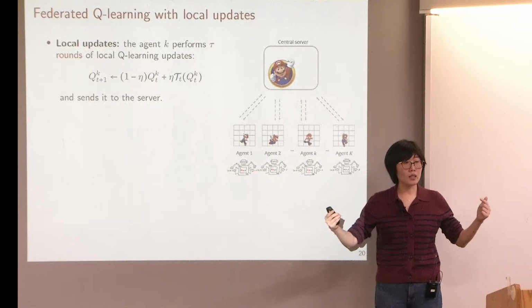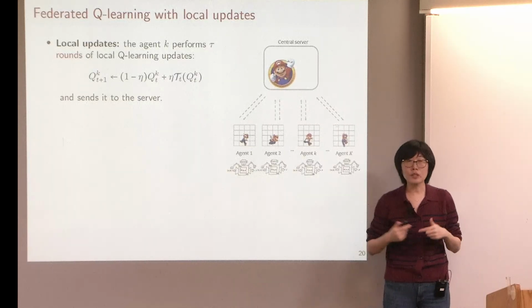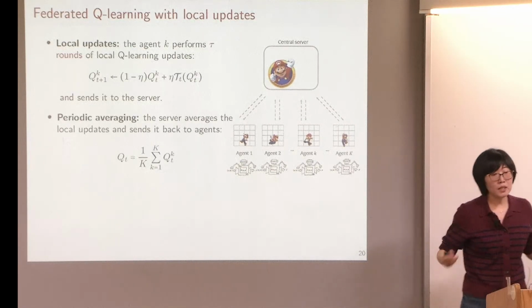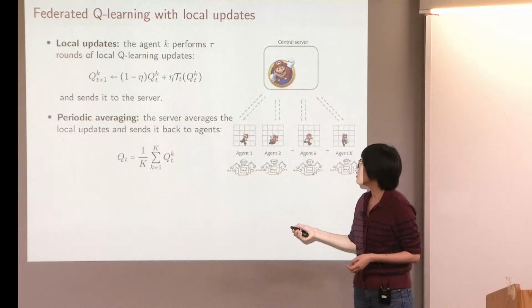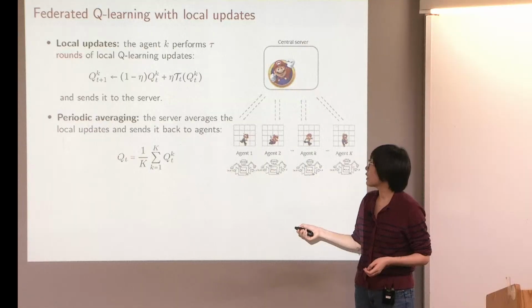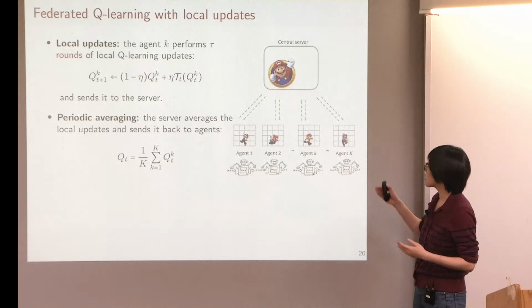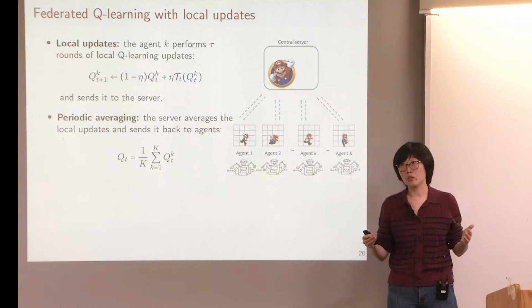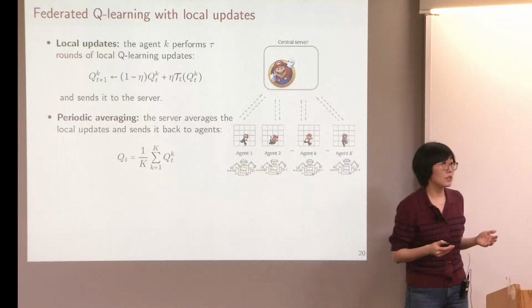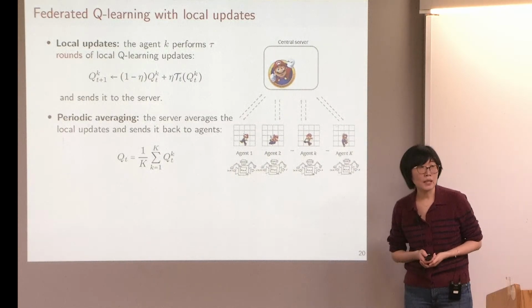Let's say they run this asynchronous version for tau rounds. After that, they do one periodic averaging, where they simply average all the local Q functions and get an averaged Q function. The server sends back this averaged Q function to the agents. And the agents go back to the local updates and so on. So very intuitive and very similar to what you would imagine from a federated learning perspective.